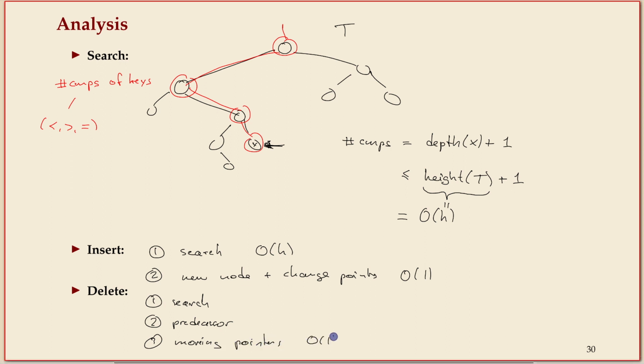The last part, again, constant time. And the first and the second together are at most the height. Because remember how this worked? We were walking down the tree to some point. We wanted to delete that node. Either it's already fine because it's a leaf or a unary node, or we had to find its predecessor. But then the search would start at this node and go further down. So it can't in total be more than the height.